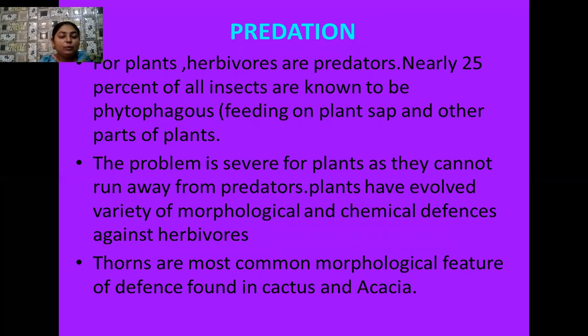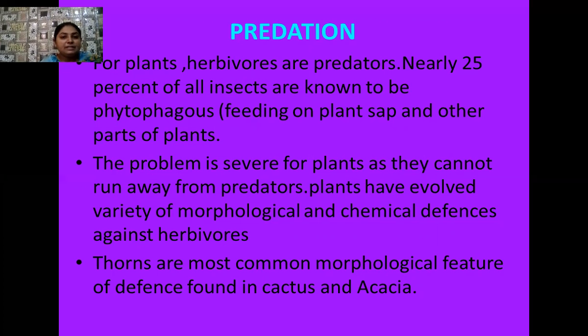Yes, students, many more examples of predation I am going to discuss here. For plants, you know that herbivores are the predators. It was generally found that 25% of all insect species are phytophagous in nature, and they feed on plants for plant sap or for some other parts of the plant.